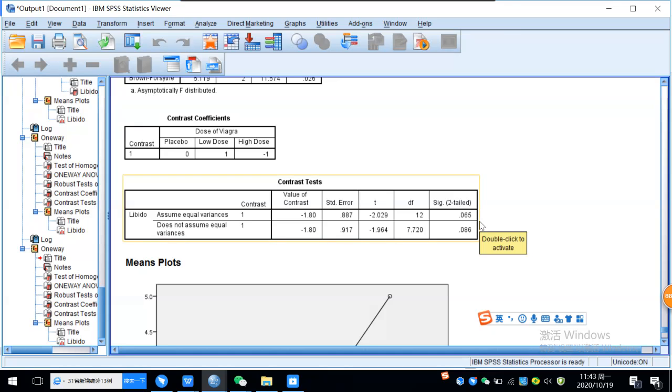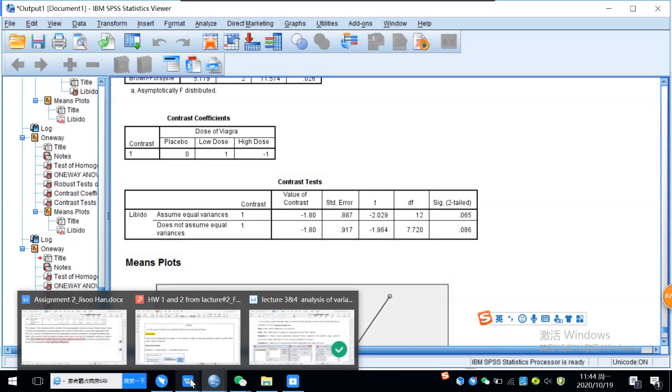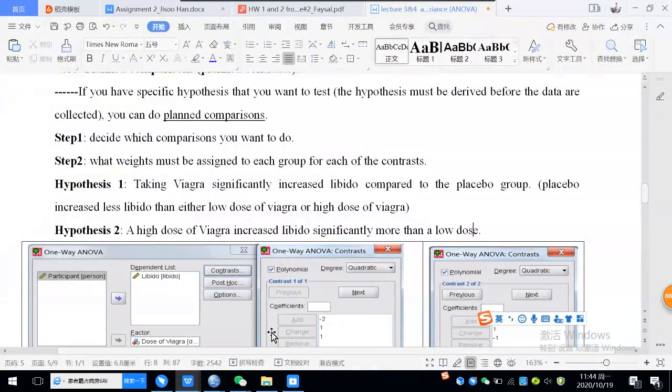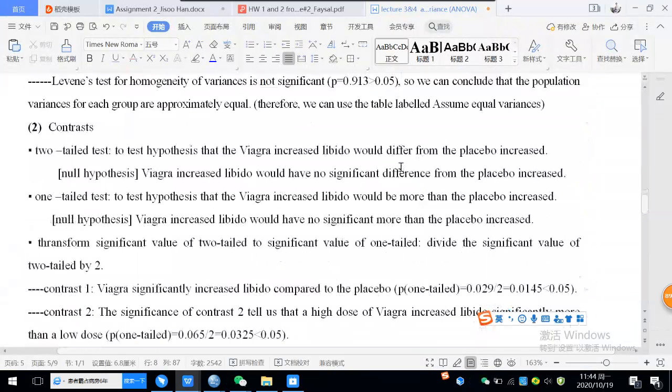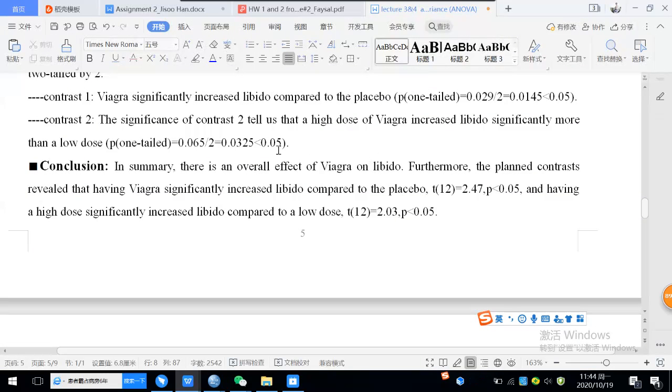So if it's a planned contrast, then we would like to say that the high dose of Viagra increased libido significantly compared to the low dose of Viagra. Okay. Yes, please look at the analysis here. Okay. It's divided by 2, less than 0.05.